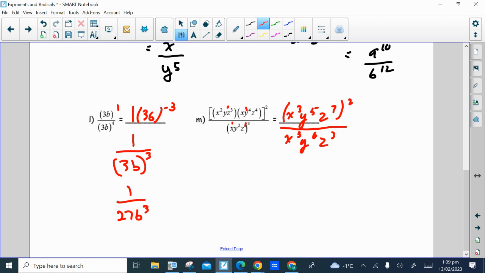I started simplifying the top, but I've got one more step to completely simplify the top. Now I'm going to multiply the exponents on top, because I've got exponents inside the bracket raised to exponents outside. So x to the 3 times 2 is 6, y to the 5 times 2 is 10, z to the 7 times 2 is 14.